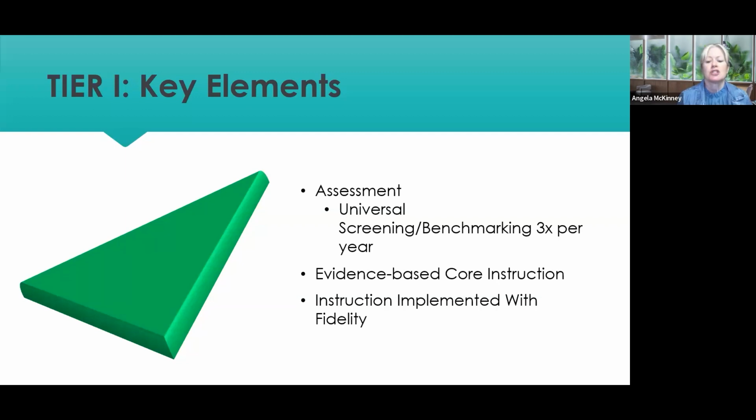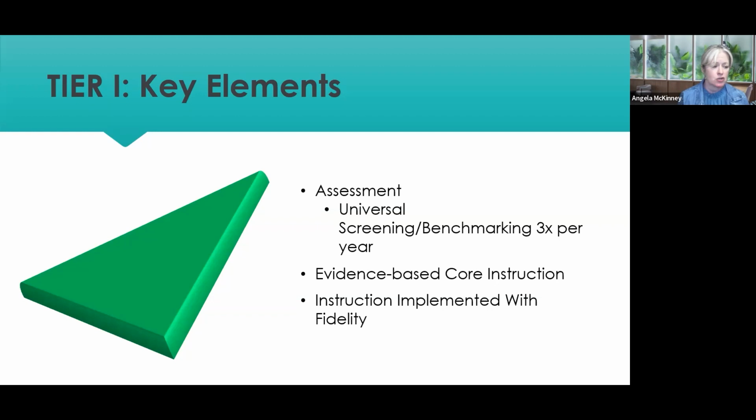Great. So again, it's data that's going to be able to tell you how are we doing as a whole. So we always have referral data. We always have attendance data. We always have nurse visit data.